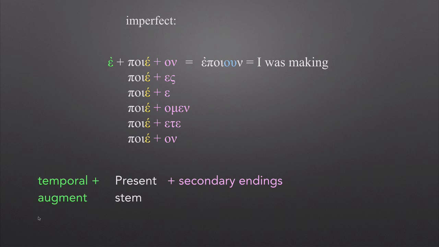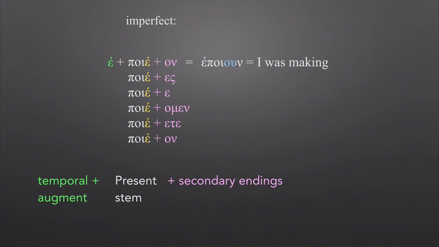So what are the ingredients of the imperfect? We have a temporal augment, epsilon. We have our present stem, poie. And then we have our secondary endings: on, es, e, omen, ete, on. Once you know that much, the same rules of contraction apply. Epsilon plus omicron gives you omicron upsilon.